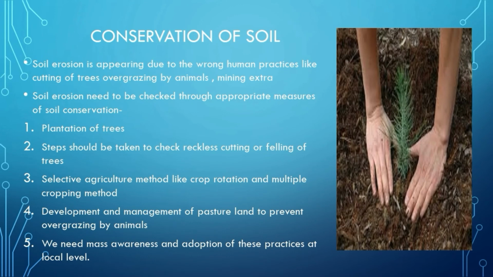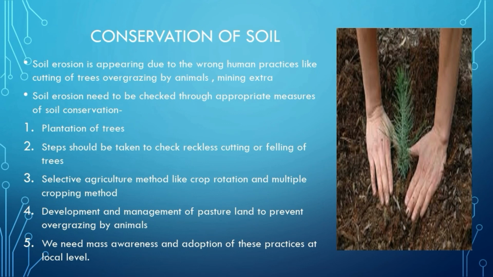First, plantation of trees. Second, steps should be taken to check reckless cutting or felling of trees. Third, selective agriculture methods like crop rotation and multiple cropping. Fourth, development and management of pasture land.